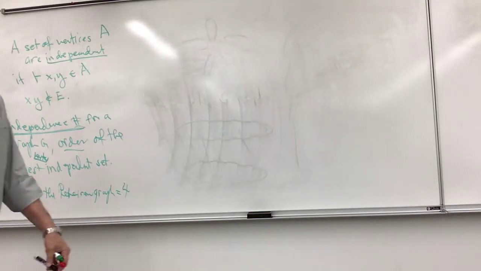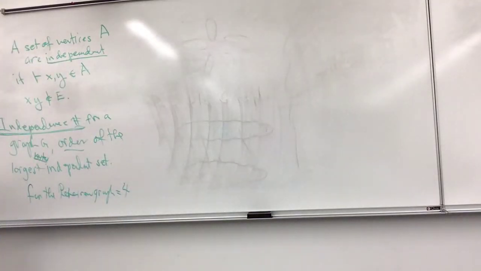Okay, how you making out? Can you find, let's go through these. Some of them are pretty straightforward. Is there a complete matching from X to Y in the top one?